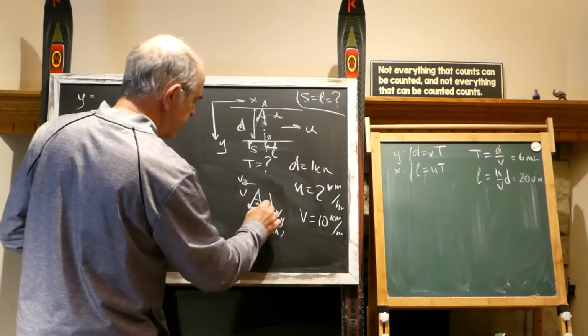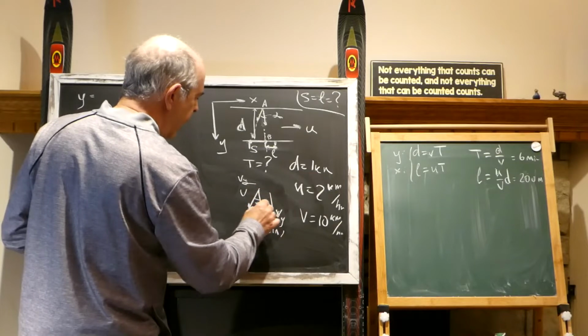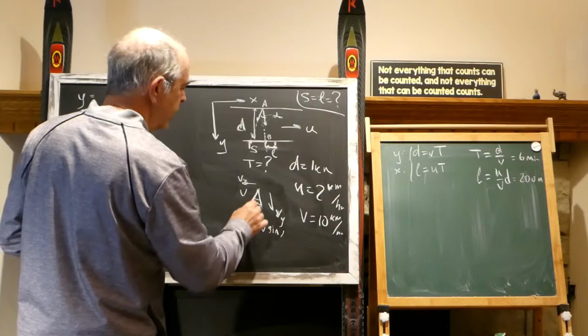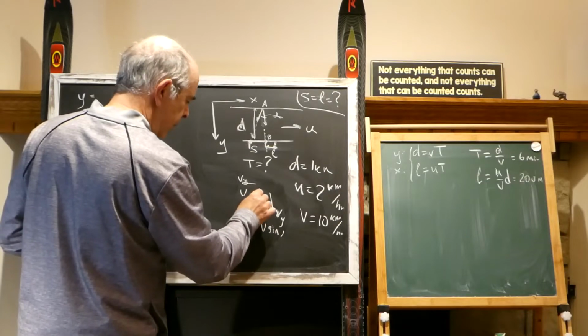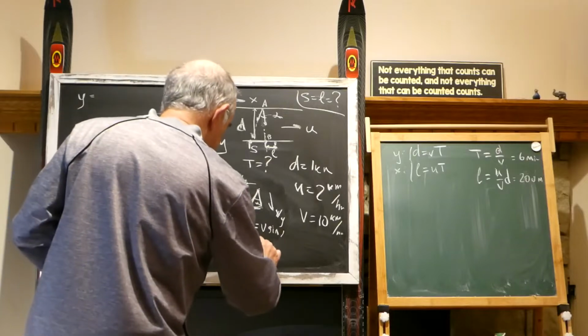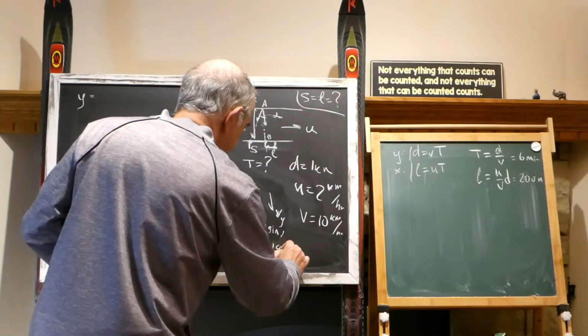From this triangle, where this is vy, this is vx, and this is v, vx is v sine alpha, and vy equals v cosine alpha.